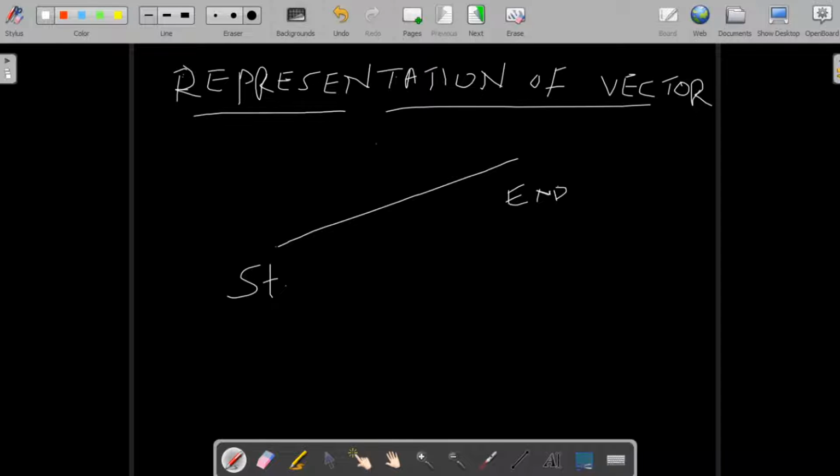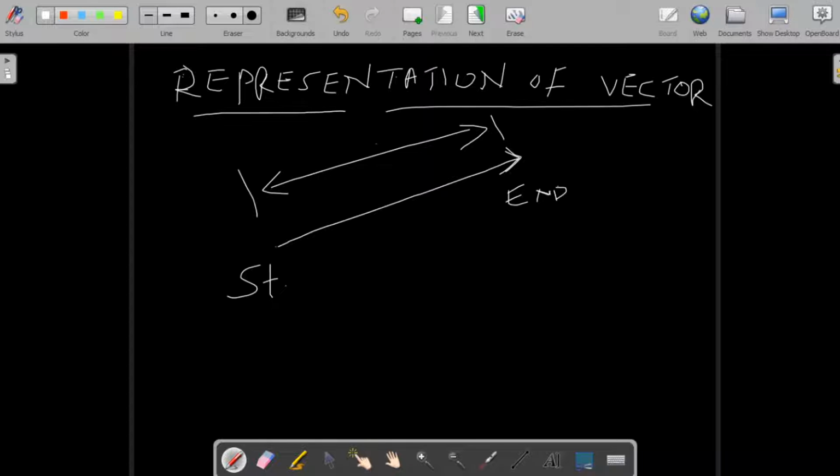Now this is a straight line with an arrow, so it should have an arrow at the end point. This arrow represents the direction of the vector. The magnitude of the vector is from the starting point to the end point. So this gives me the magnitude of the vector, and this arrow represents the direction.